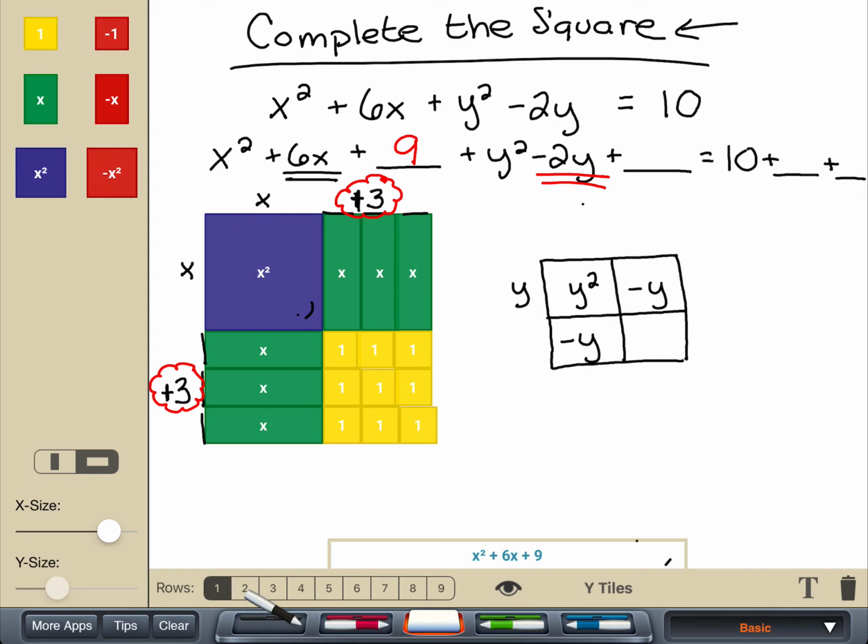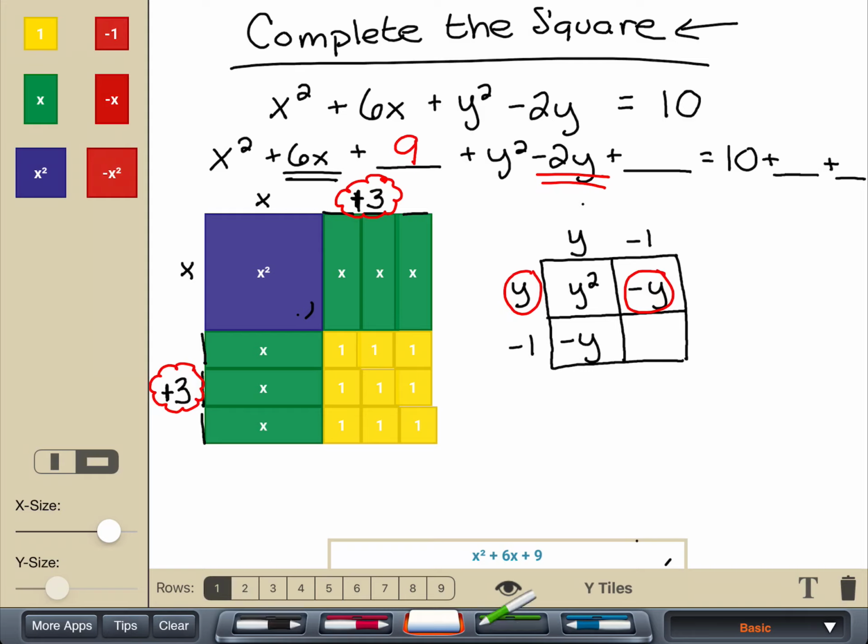The common thing that we're taking out of the first column is a y. And what would be left? What times y will give us y squared? That would be a 1. 1 times y gives us y squared. Same thing in the other direction. y times -1 will give us a -y.